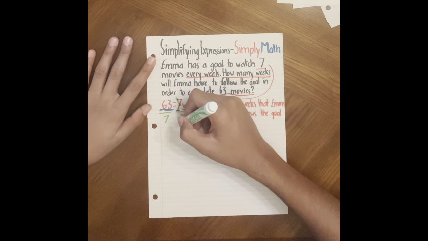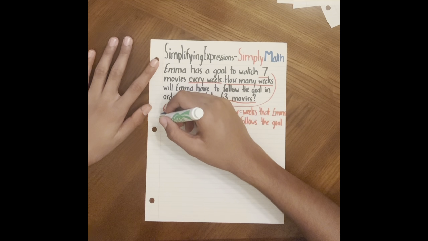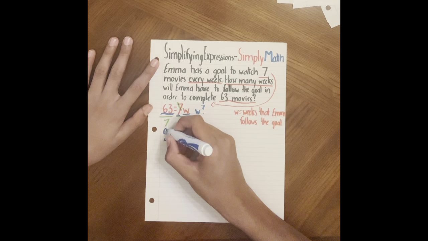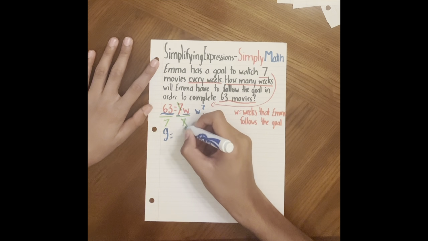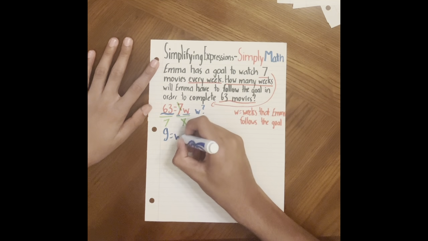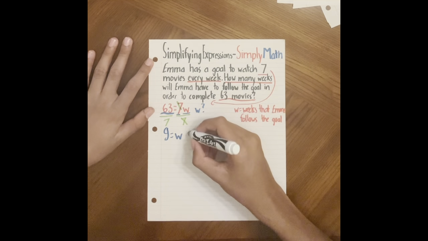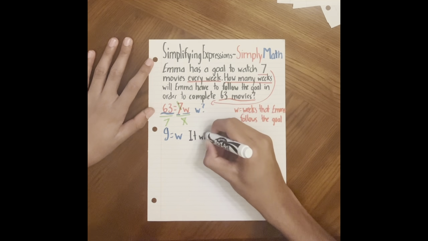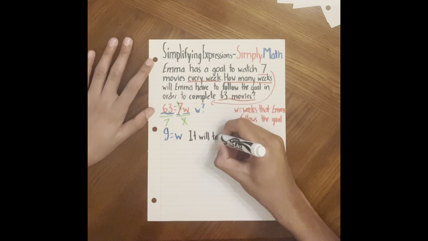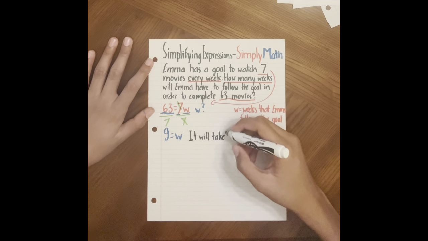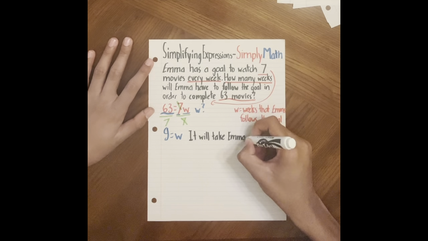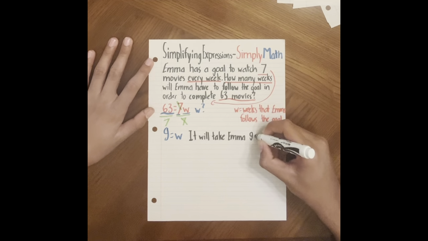This cancels out the 7 on the right side, and then we can just divide on the left side to get W by itself. So 63 divided by 7 is 9, and 7 divided by 7 is 1, so we just have W. And so this means that to reach the goal of watching 63 movies, it will take Emma 9 weeks at watching 7 movies every week.